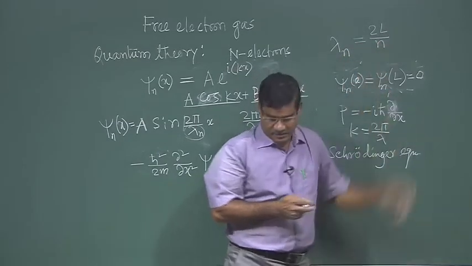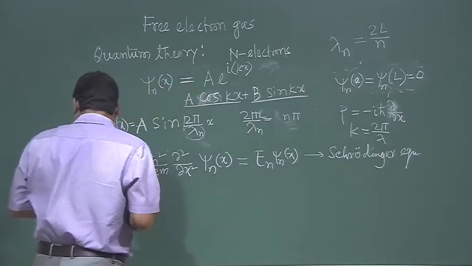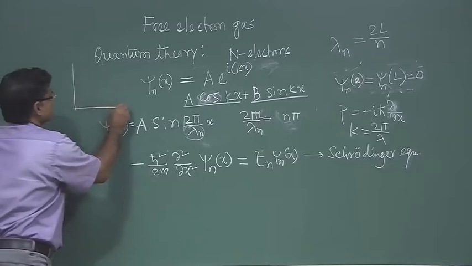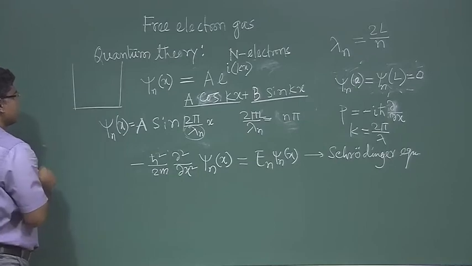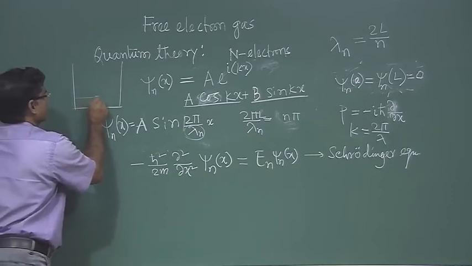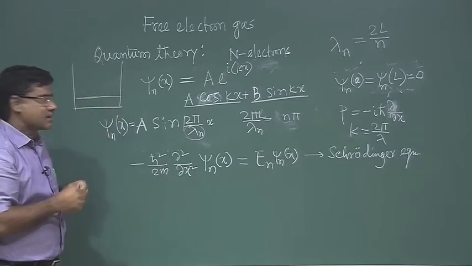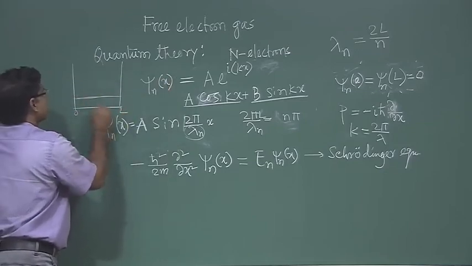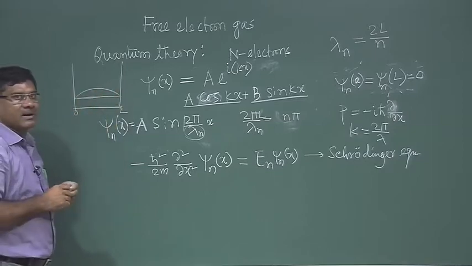Here you can draw it, for this one-dimensional system. For n equal to 1, over 0 to L, the wavelength of this wave will be like this, right.